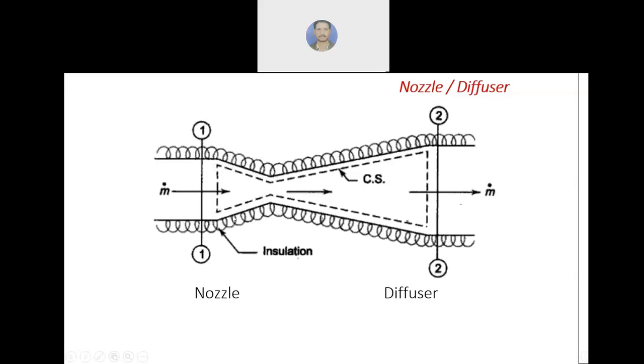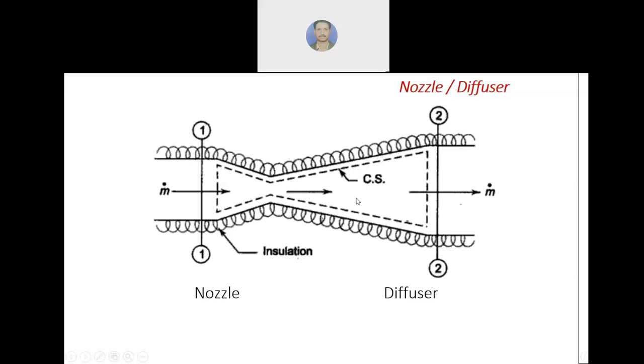This convergent shape is nothing but a nozzle. Now from this middle portion to the higher diameter up to section 2, the diameter is increasing, means the cross-section area is increasing. So this is diverging. So this is a diffuser.